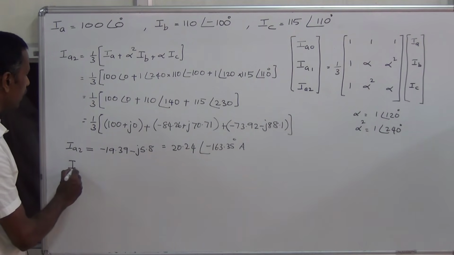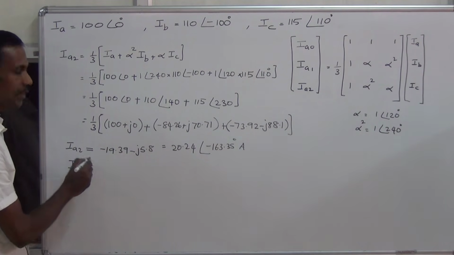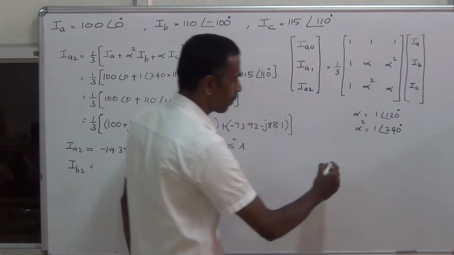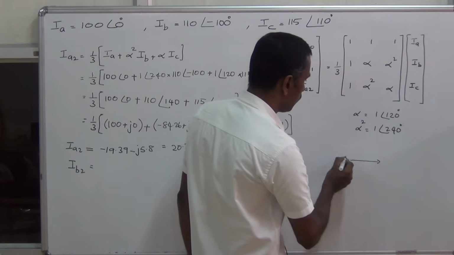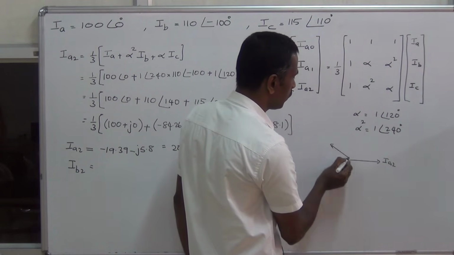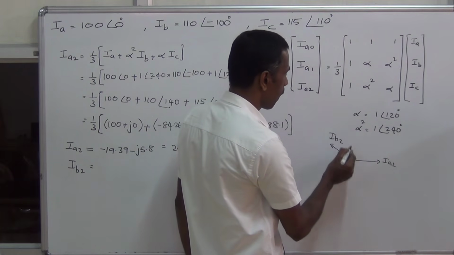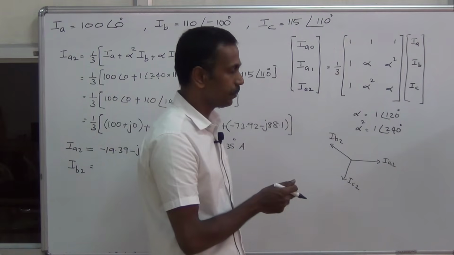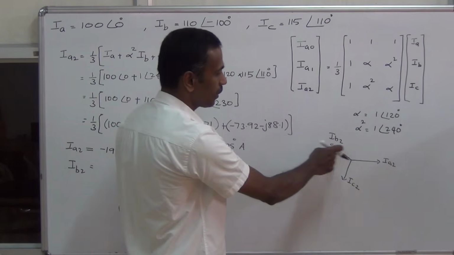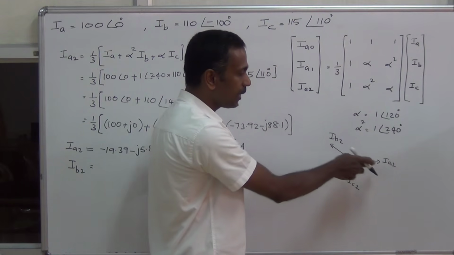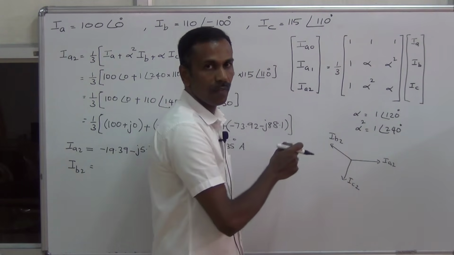Now we need to find out the negative sequence current in the other two phases also. This is IA2, this is IB2, this is IC2. IB2 equals alpha into IA2. IB2 leads IA2 by 120 degrees.